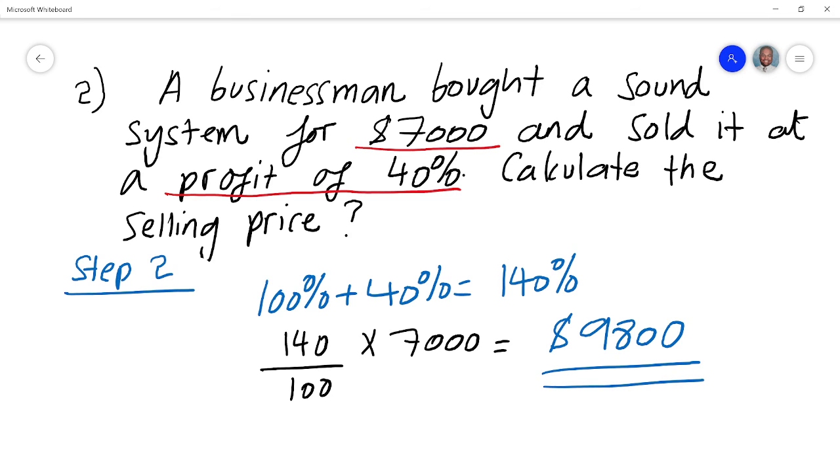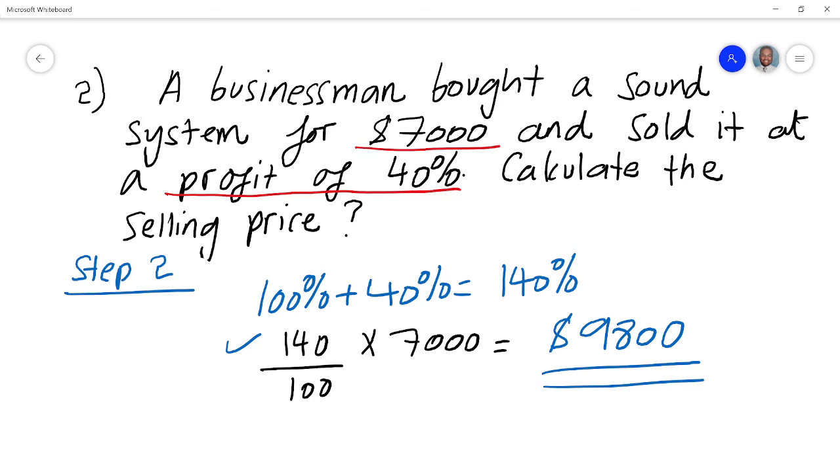So both steps will give you the same answer, which in this case is 9,800. So with step 2, as a summary, because it's a profit, you're going to get 100 plus 40. That's going to be 140%, which is 140 over 100 multiplied by 7,000, and you're going to get $9,800 as your selling price.